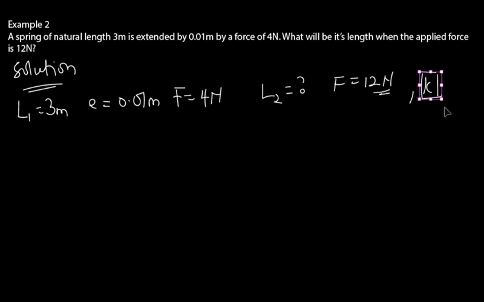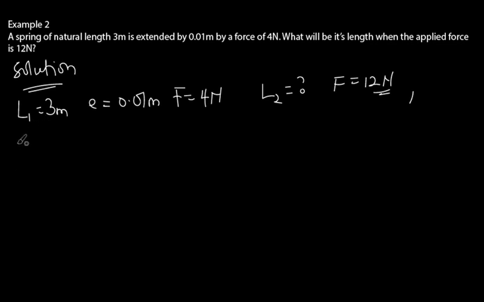So the value of K is the same irrespective of whether the force applied is big or small. So what we need to do in this example is to first use the first parameters we have here to find the constant, and then use the constant to find the extension in the second case, and then we add that extension to the initial length. So what do I mean by this?